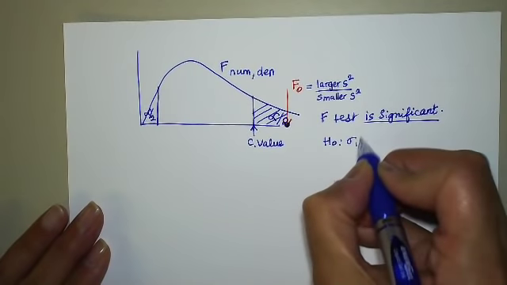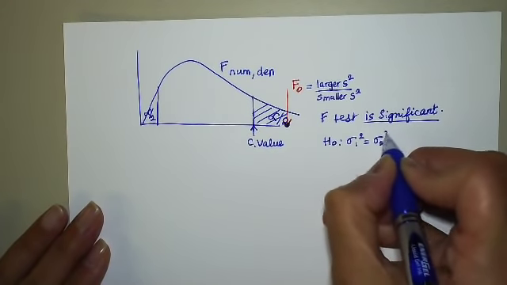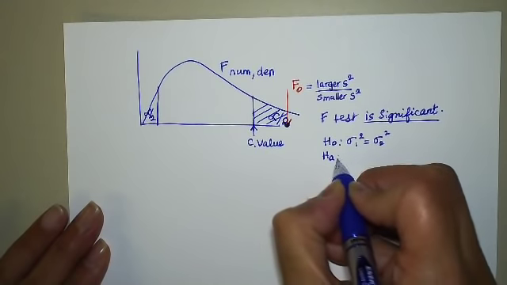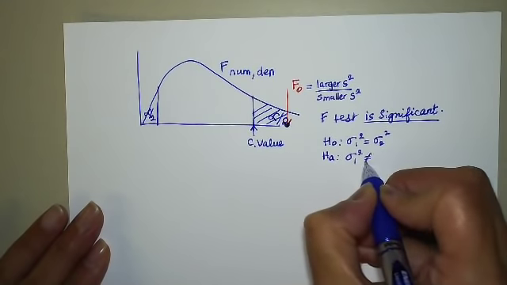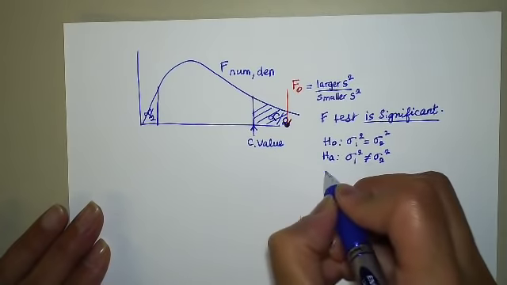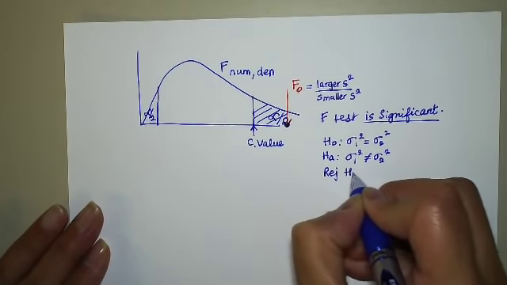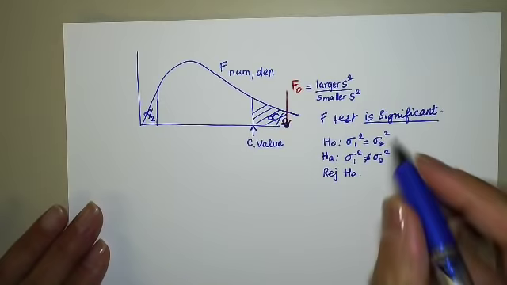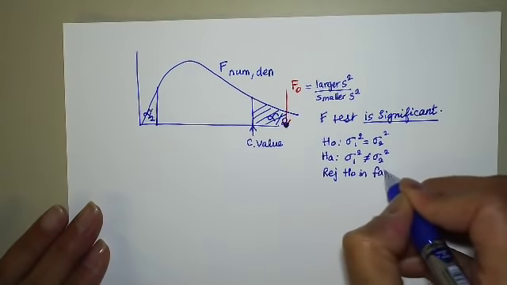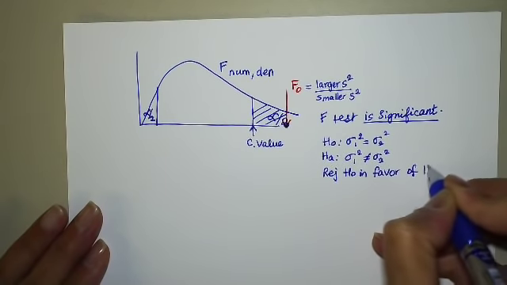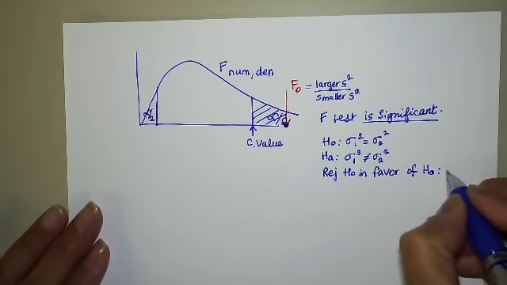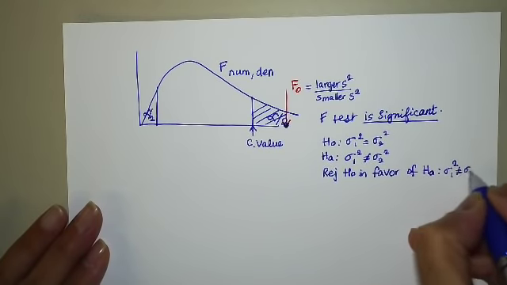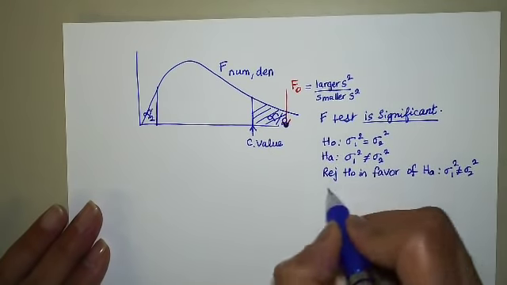So H naught used to be sigma 1 squared equals sigma 2 squared versus HA sigma 1 squared not equal to sigma 2 squared, and we're saying reject H naught in favor of HA. So we're saying sigma 1 squared is not sigma 2 squared.